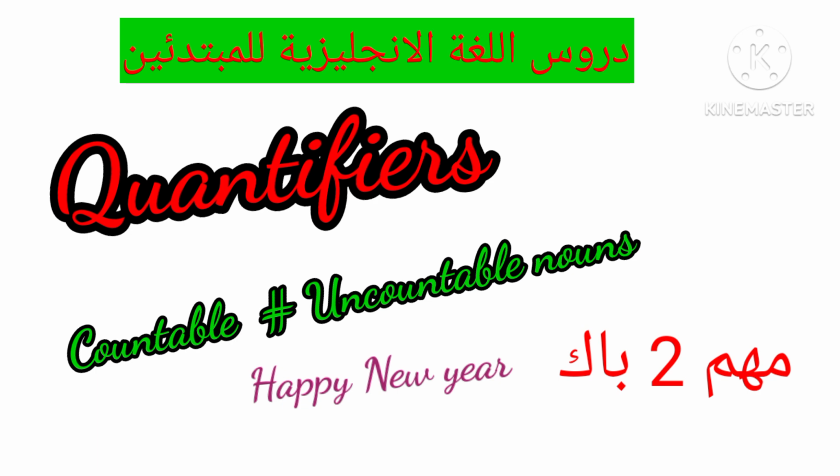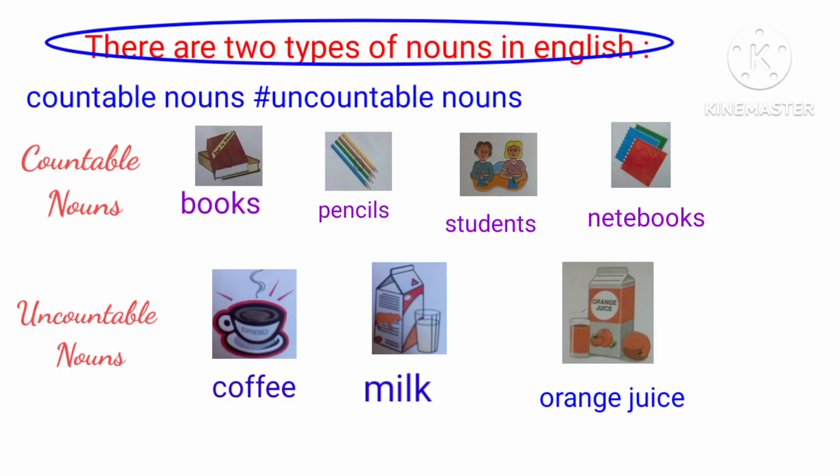Now let's get started with the types of nouns, in order to understand clearly what quantifiers are in English. There are two types of nouns in English. The first one is countable nouns and the second one is uncountable nouns. Countable nouns refer to the nouns that we can count.